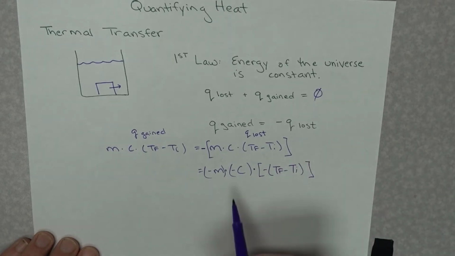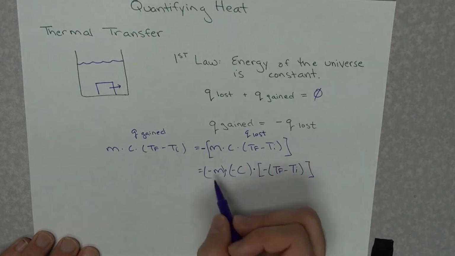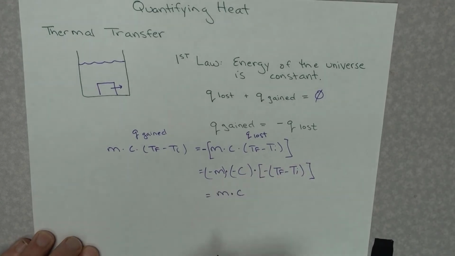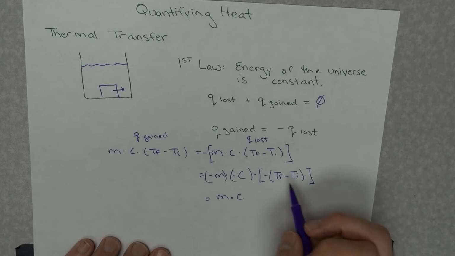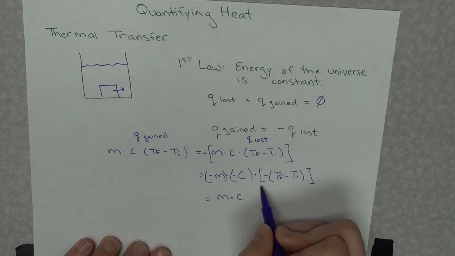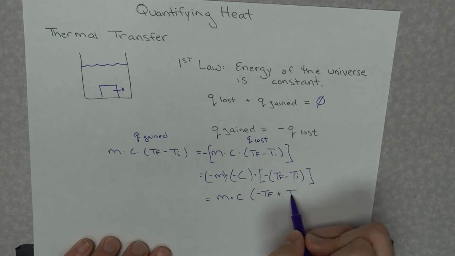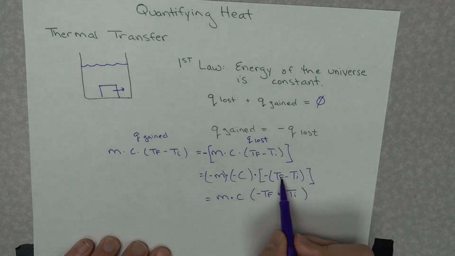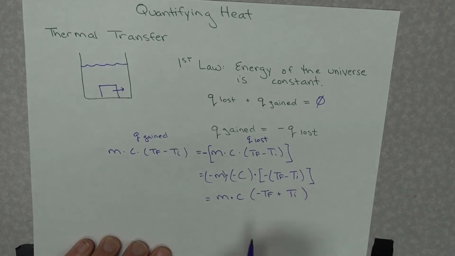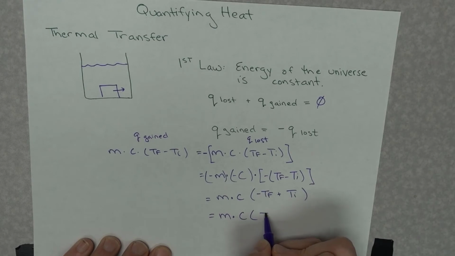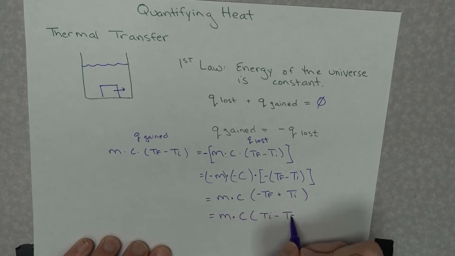And now I can start multiplying these things together, so negative m times negative c is the same as m times c. Negative times negative is a positive. And then this here becomes negative tf plus ti. Negative times positive is a negative. Negative times negative is a positive. And this rearranges itself to m times c times ti minus tf.